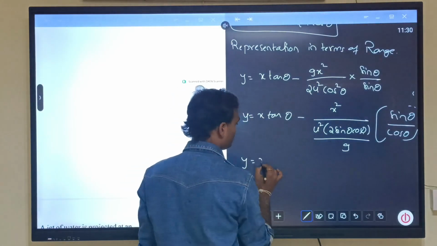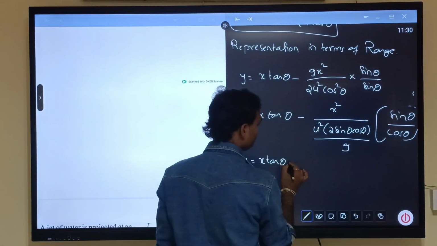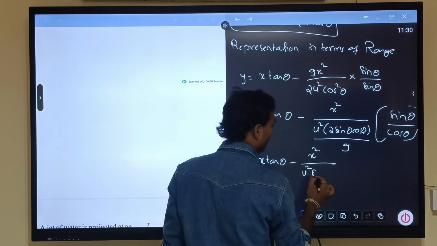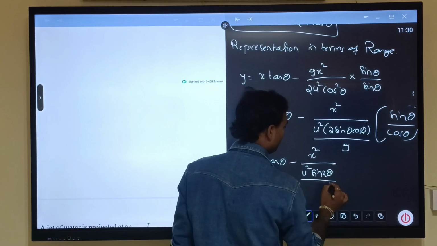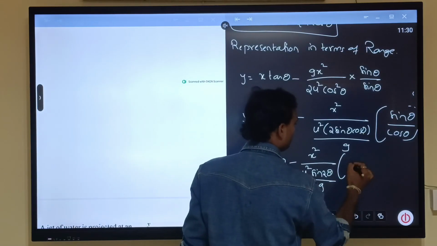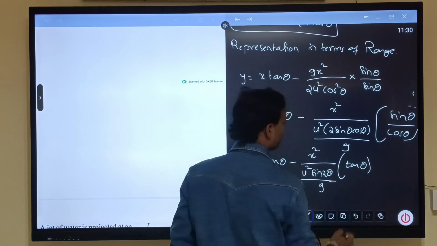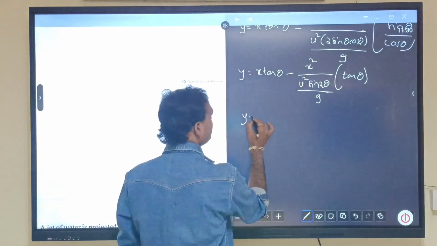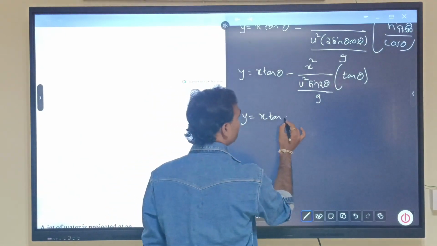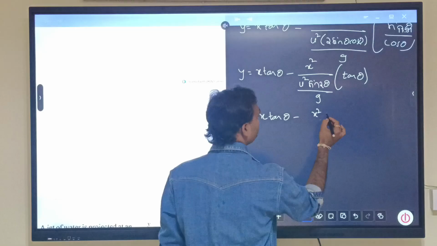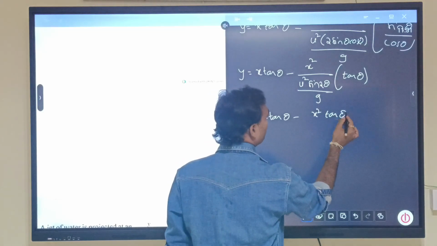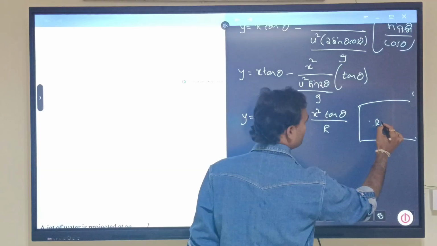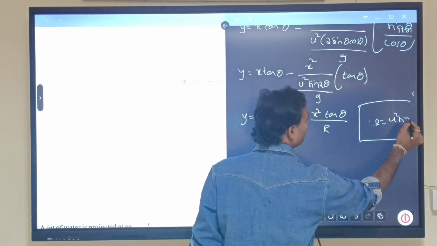Then y is equals to x tan theta minus x square u square sin 2 theta by g, then this will be tan theta. Sin theta by cos theta is equals to tan theta. Now again y is equals to x tan theta minus x square tan theta by R, since R is equals to range is equals to u square sin 2 theta by g.